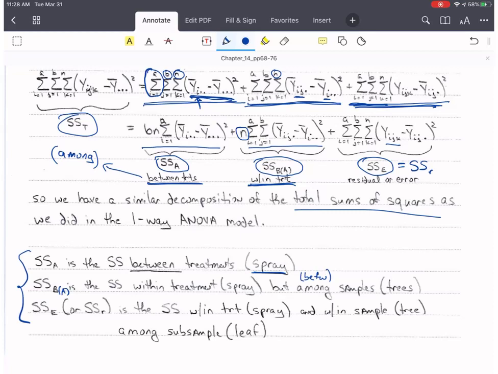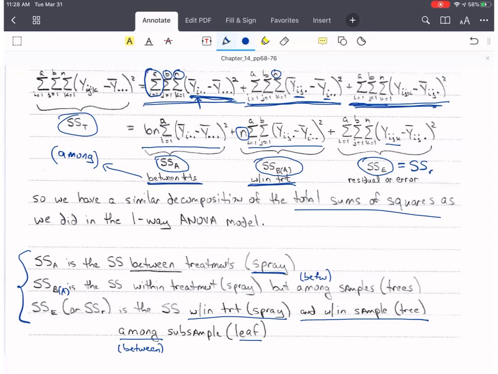SSE, or SSR, is the sum of squares within a treatment, which is a spray, and within a sample, which is a tree, but between or among the subsamples, which in this case were the leaves.